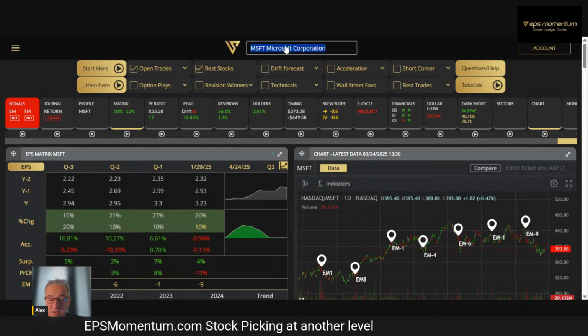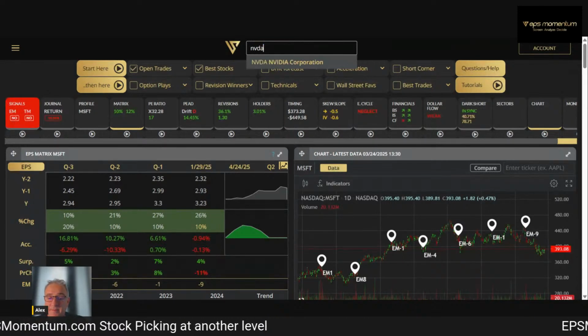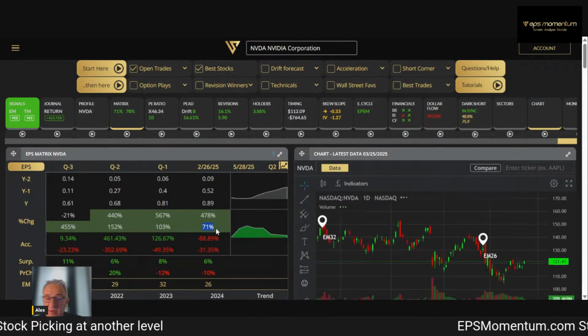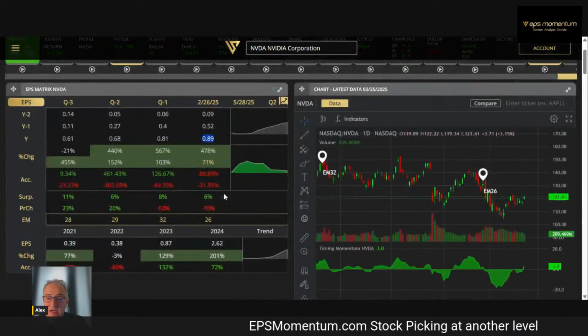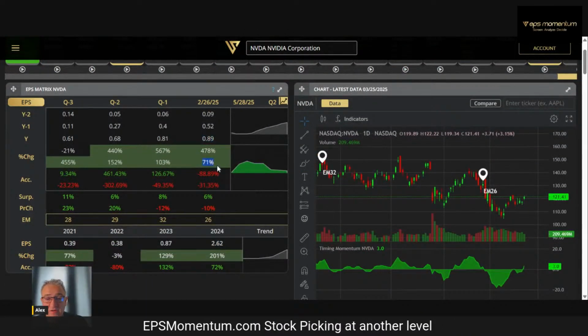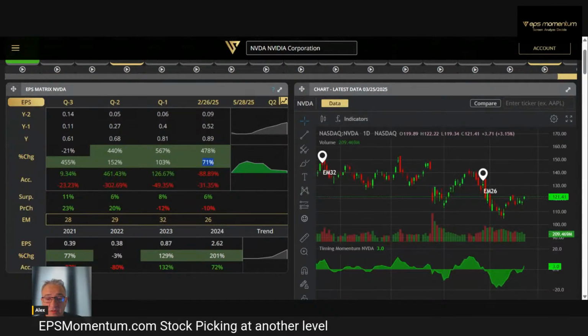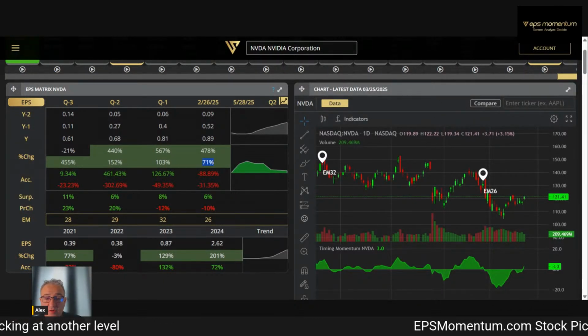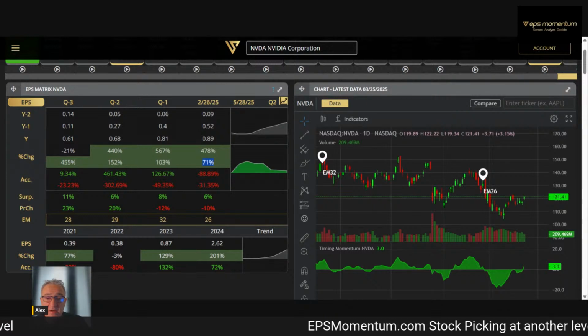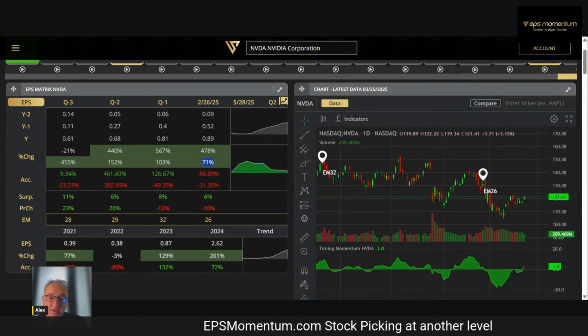So any ticker you type in, let's say NVIDIA, we can see a 71% growth. That's 0.52 compared to 0.89. That's a very, very impressive growth. But the previous quarters were even more impressive, 400, 500%, 100%, and 71%.